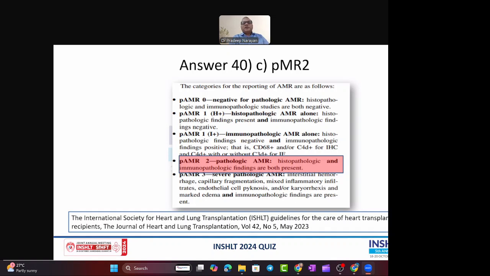In 0, as you can see, it's negative for pathologic AMR. 1 denotes histopathologic AMR alone. And in 1 plus, you have immunopathologic AMR alone. So when it comes to histopathologic and immunopathologic findings together, it is pAMR2. Yeah. Next slide, please.